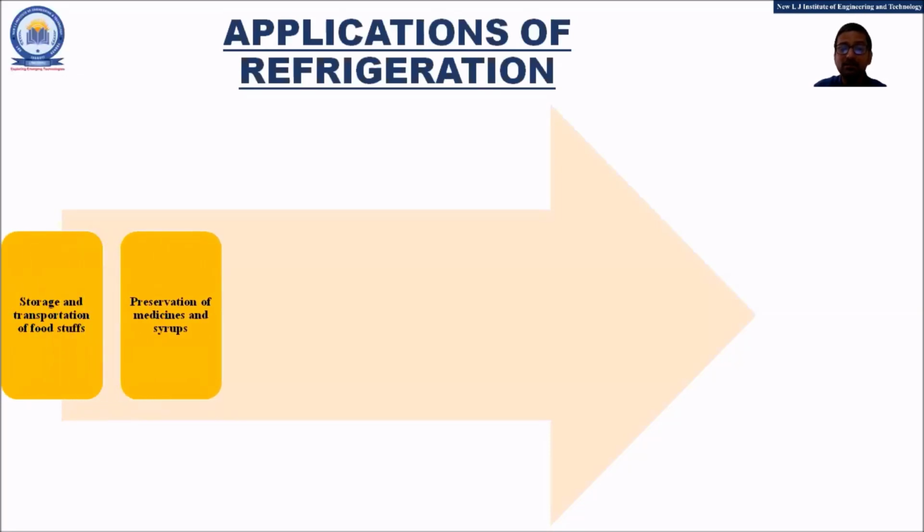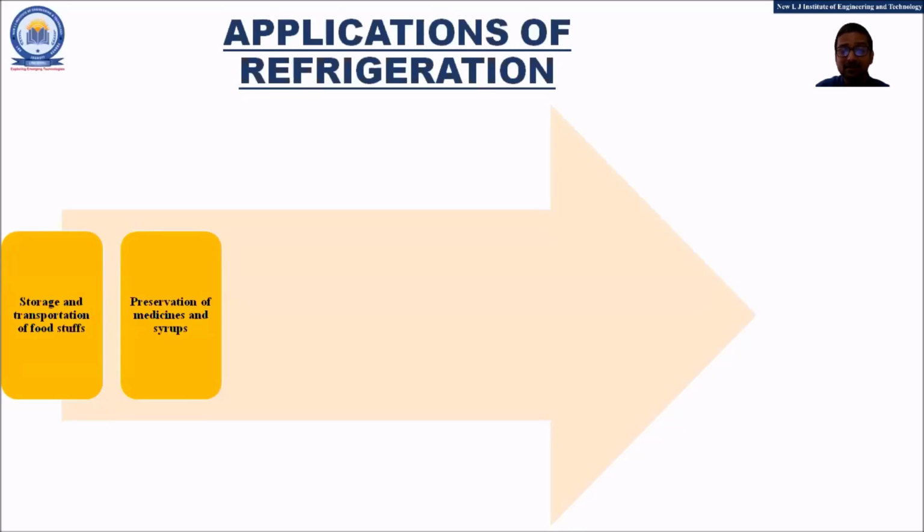The next application is in the preservation of different medicines and syrups. If you observe, it is very necessary to store some of the medicines, some of the syrups at the lower temperature, so that the environmental effects do not harm the composition of the medicines and the syrups.